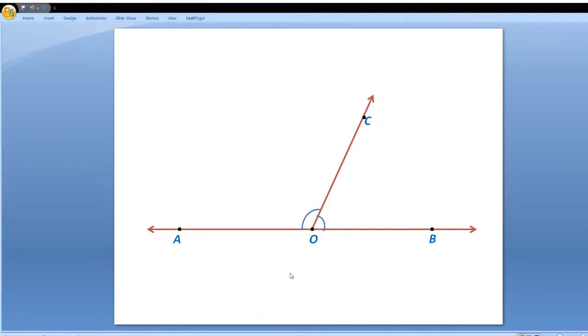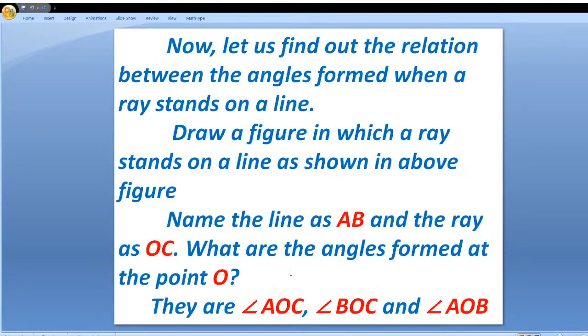Here AOC and BOC are adjacent angles. Moreover, it is a linear pair of angles. So now let us find out the relation between the angles formed when a ray stands on a line. So draw a figure in which a ray stands on a line as shown in the figure. Name the line AB and the ray OC. What are the angles formed at the point O? They are AOC, BOC and AOB.